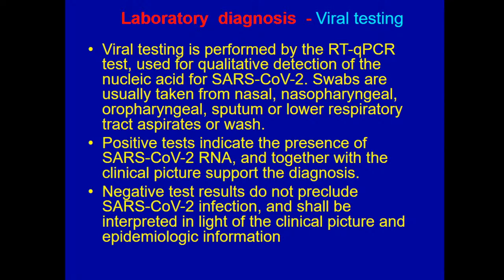No, my dears. Viral testing is performed by the reverse transcriptase PCR test, and it is used for qualitative detection of the nucleic acid of SARS-CoV-2. Not a live virus, but nucleic acid testing. So it is called viral testing, but we really find the viral nucleic acid.